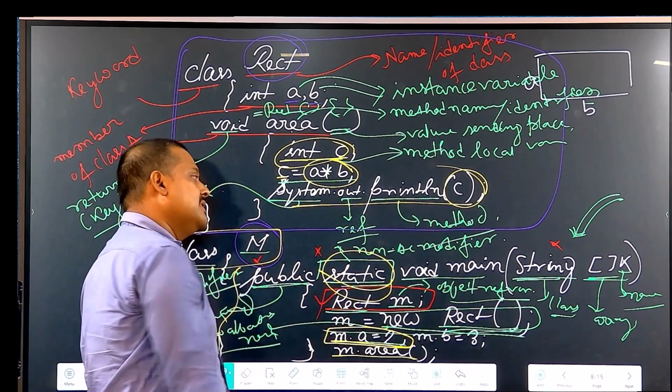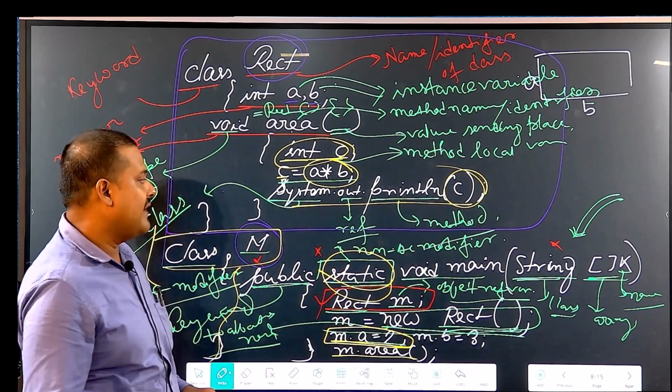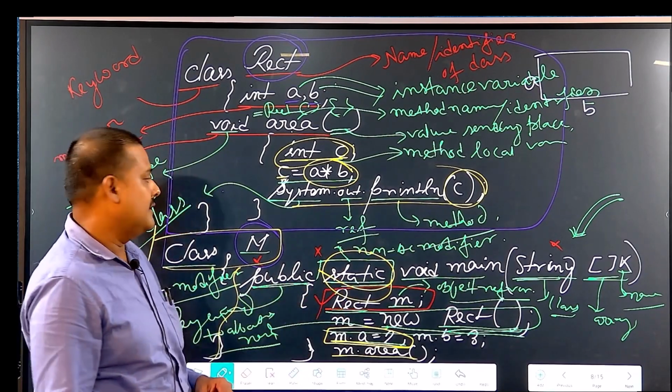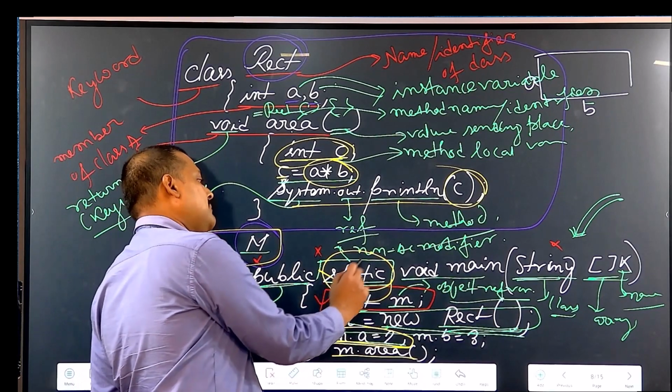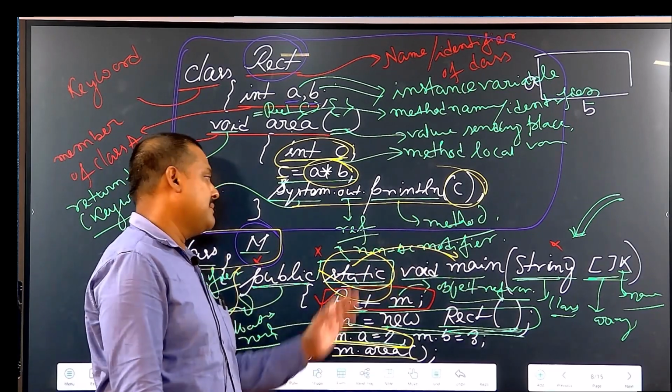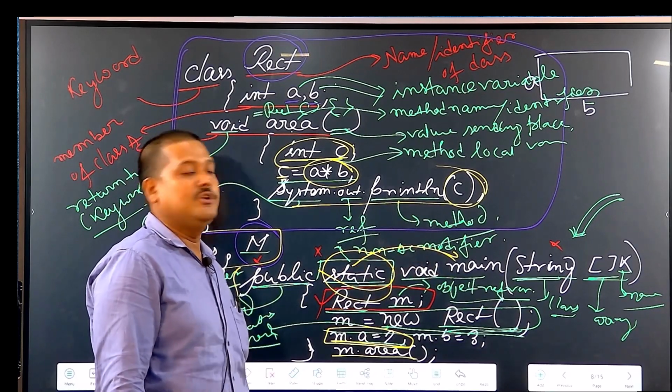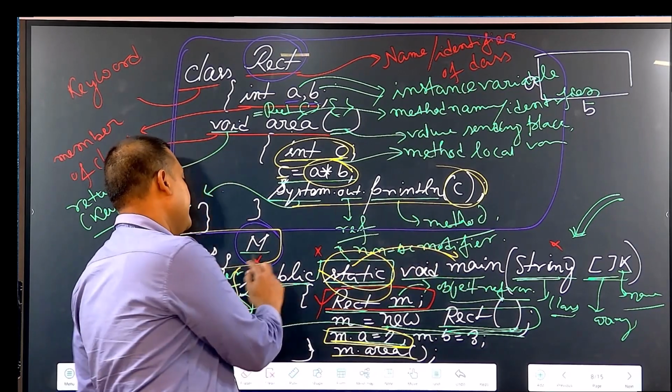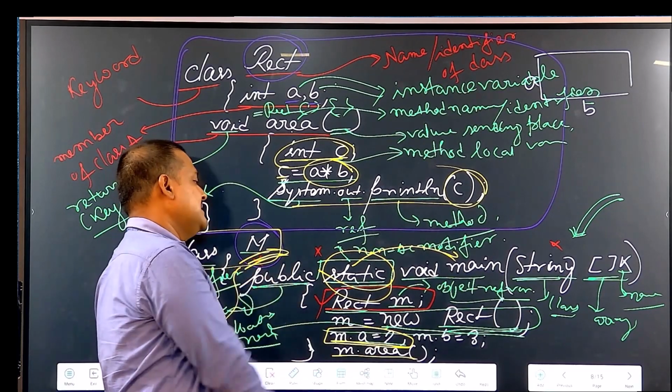As I told, this is nothing but a non-access modifier which tells the behavior of this method. By defining this main method as static, it can be directly accessed. We need not create any kind of reference or instantiation for this class M.